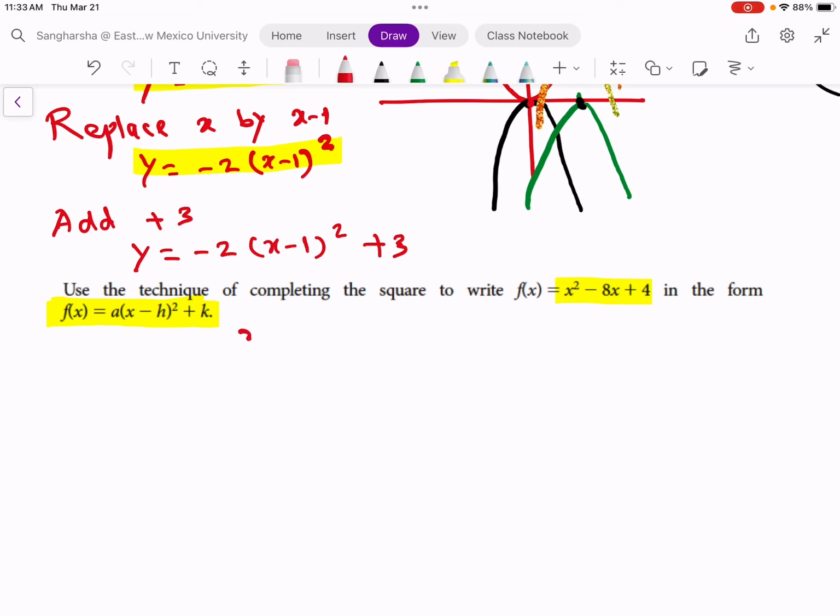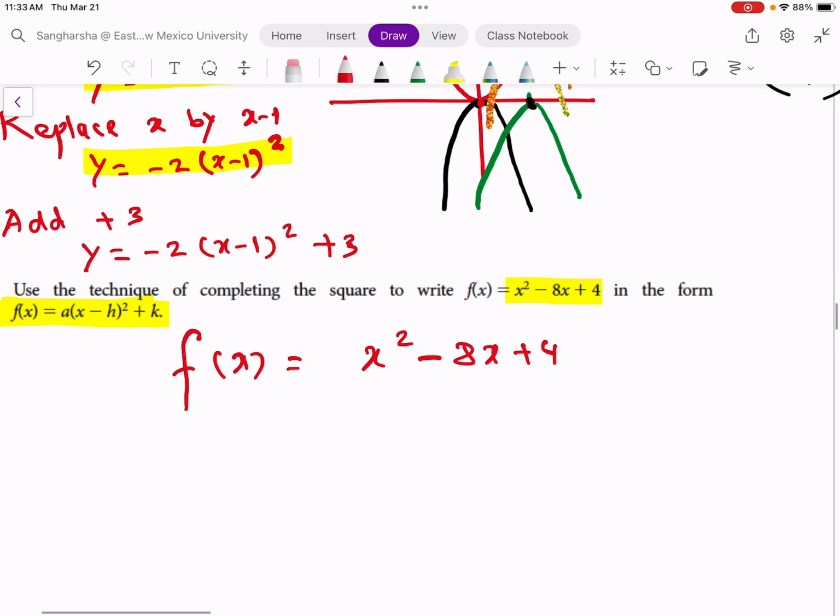So we have a function f of x equals x square negative 8x plus 4. So this is the function. Okay, now the very first step is we have to have coefficient 1 for the square term. And we already have that, right? The coefficient of the square term is 1. That's the very first step.